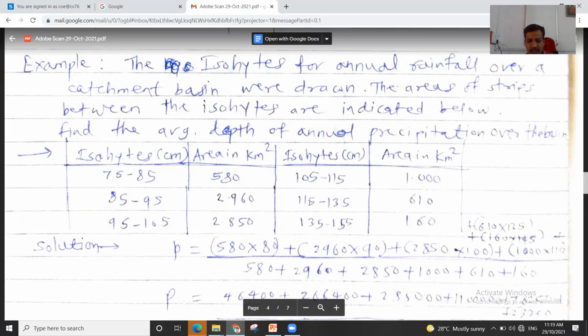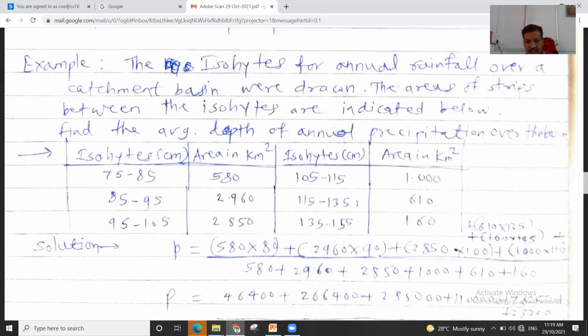And for isohyet 115 centimeter to 135 centimeter area is having 610 kilometers square. Then for isohyet 135 to 155 centimeter the value of area is 160 kilometers square. Okay.